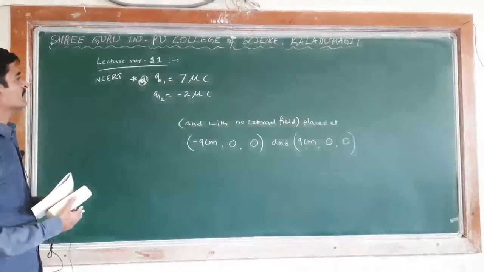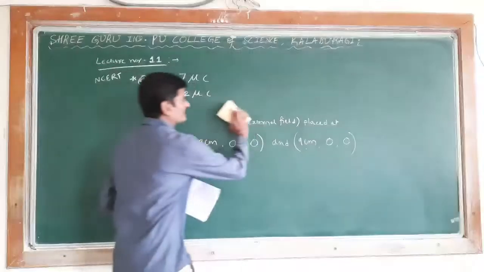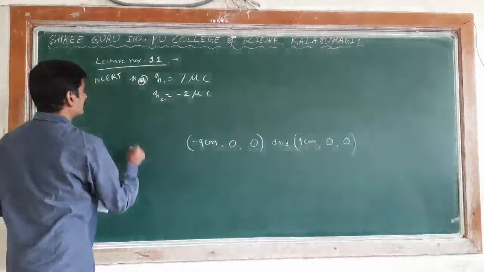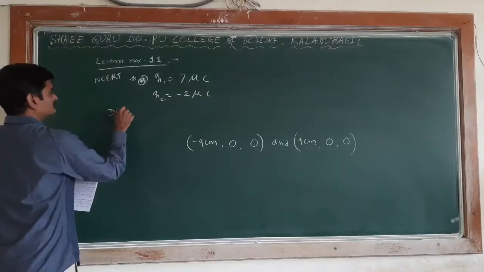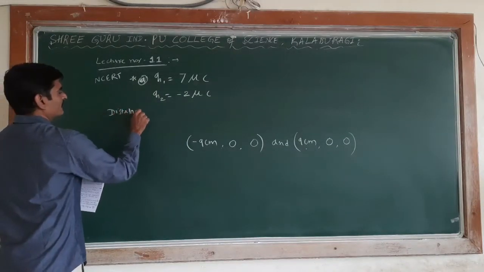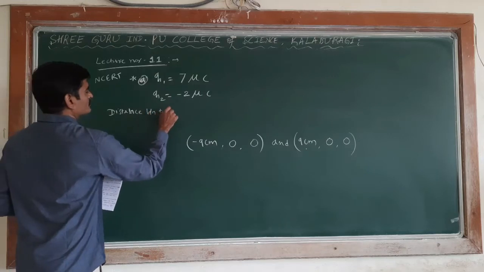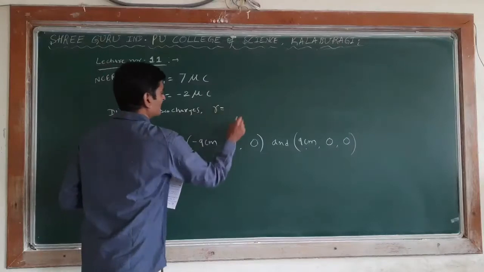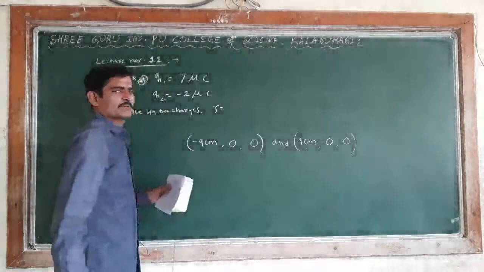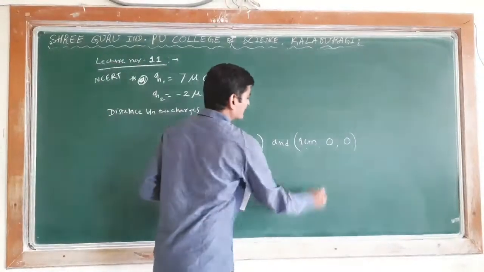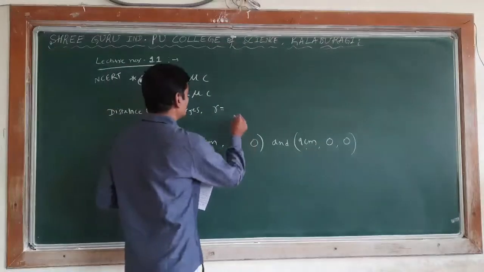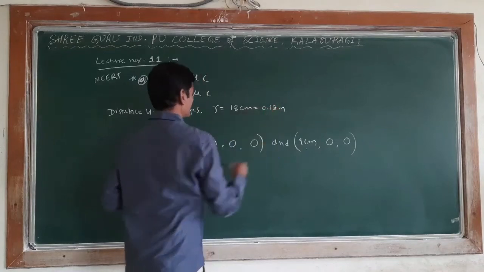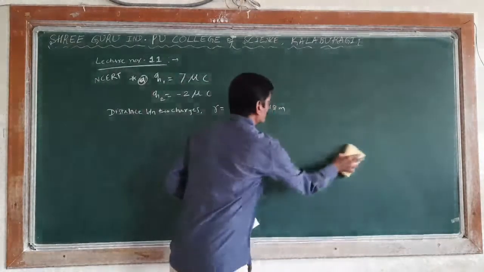That means the distance between the 2 charges, by looking at the coordinates, will be, minus 9 centimeter means minus x axis, this is plus axis, so add them. I will get 18 centimeter, that is 0.18 meter. So that will be the distance between the 2 charges.